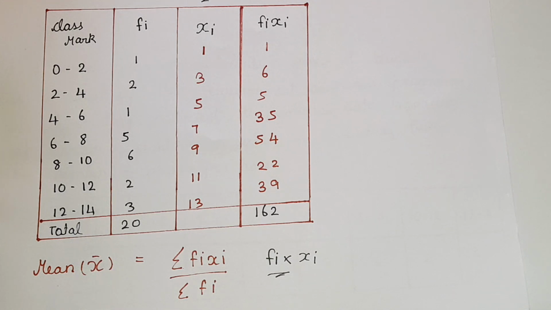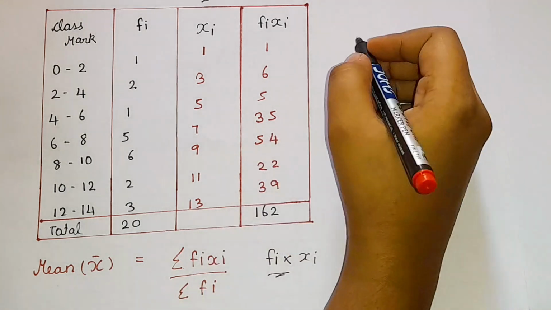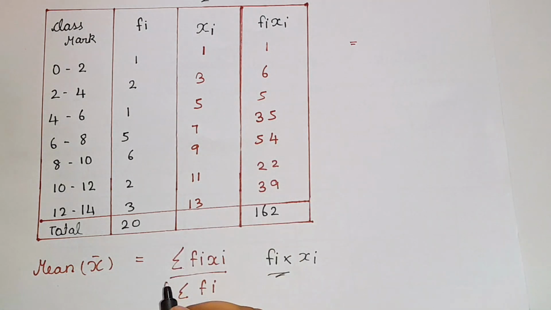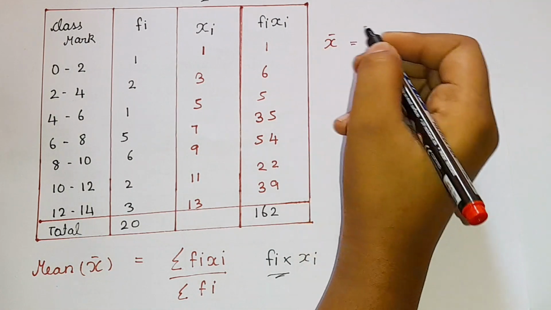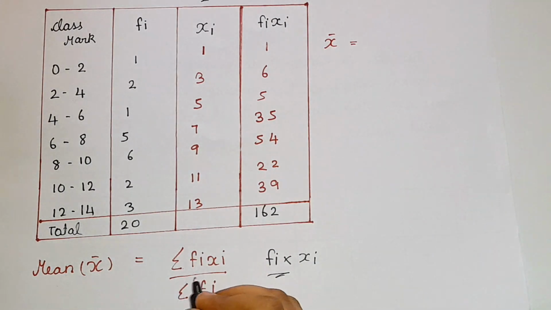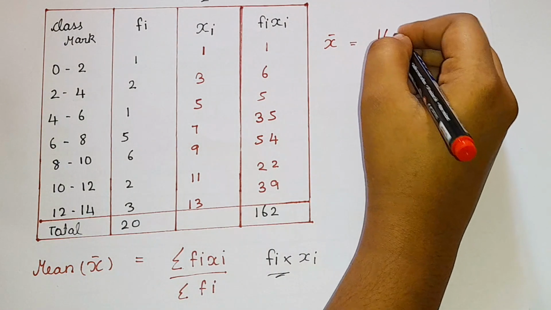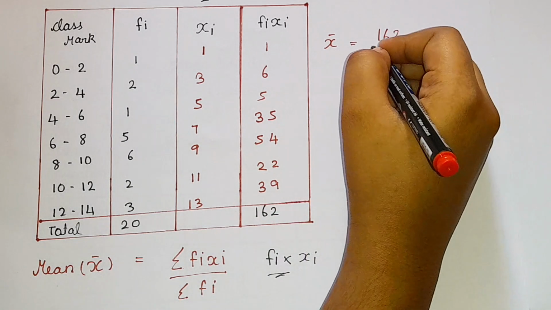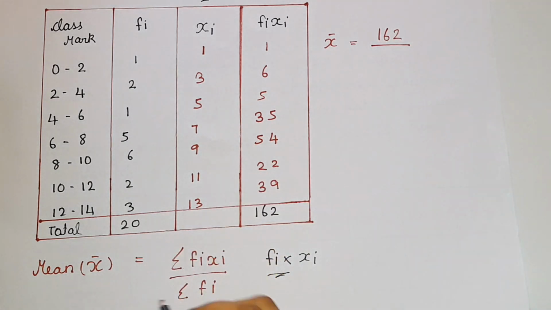So now let us solve it. So this is the formula, right. So let us substitute the values. I'll do it here, okay. So what is the value for sigma fi xi? First let's write the x bar as it is, and the value for sigma fi xi is 162, isn't it? 162 divided by, what is the value for sigma fi?